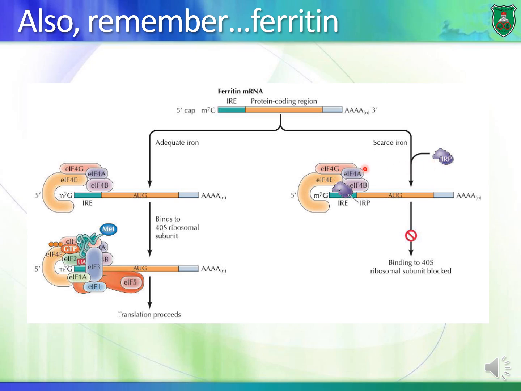Okay, and this protein binds to the element that I talked about before at the 5' end of the ferritin messenger RNA, and this prevents the binding of the ribosome to the 5' end of this messenger RNA. It prevents the formation of the complex with the poly A tail, and there would be no translation of the ferritin messenger RNA.